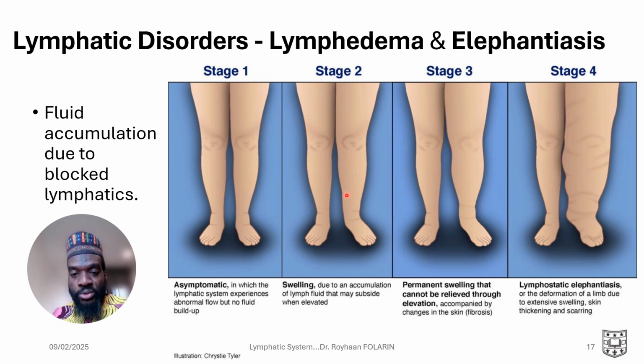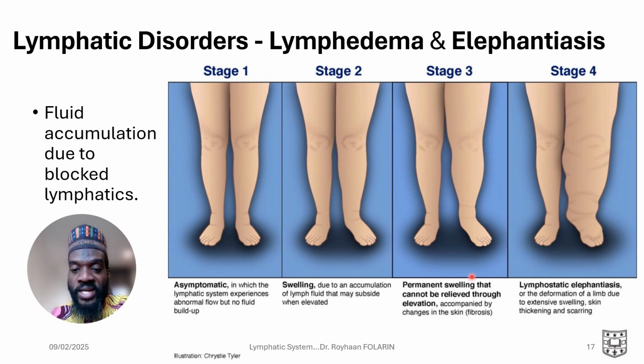But by stage 2, you already have some swelling due to accumulation of lymph fluid, which can also subside if the leg or the limb is elevated. So that is at stage 2. But by stage 3, the swelling has become permanent. So you have a permanent swelling that cannot be relieved even if the limb is elevated.